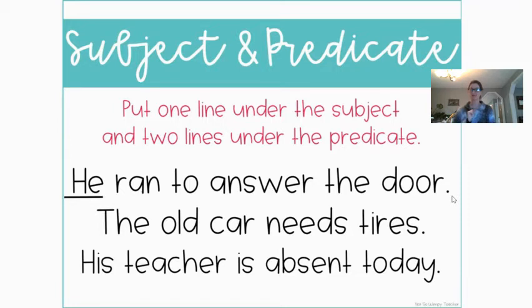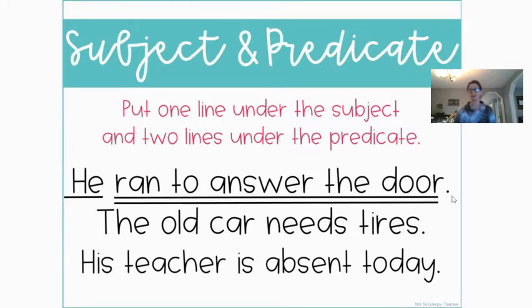It's he. That's who the sentence is about. Two lines under the predicate, which is what the subject does or is. What did he do? He ran to answer the door. And ran is a verb. So remember our predicates are always verbs of some kind, saying what the subject did.